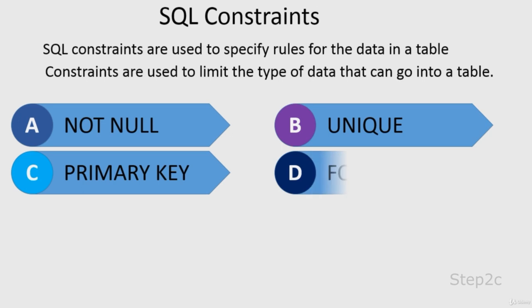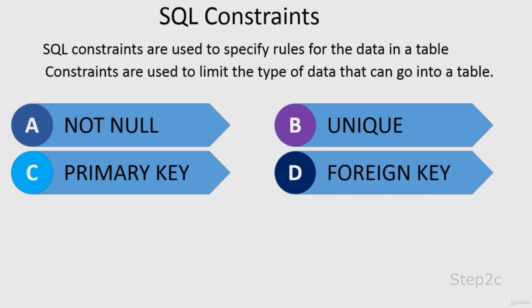Then foreign key is there. We can use a foreign key to reference data in another table or the same table. Say for example, you are going to insert some employee details under some manager. Then the manager ID should already exist. Only then will you be able to insert the employee under the manager. Similarly, you are going to insert some value into a state table under some country.